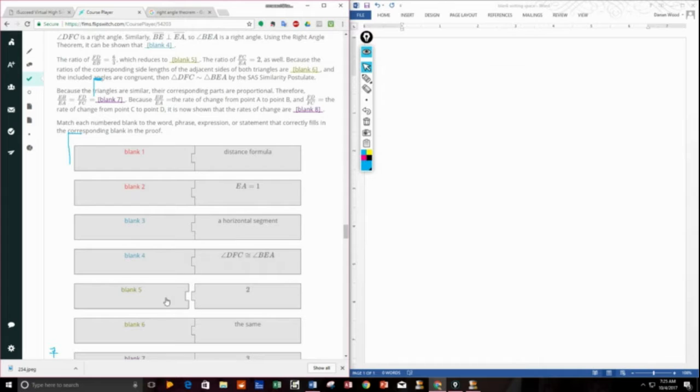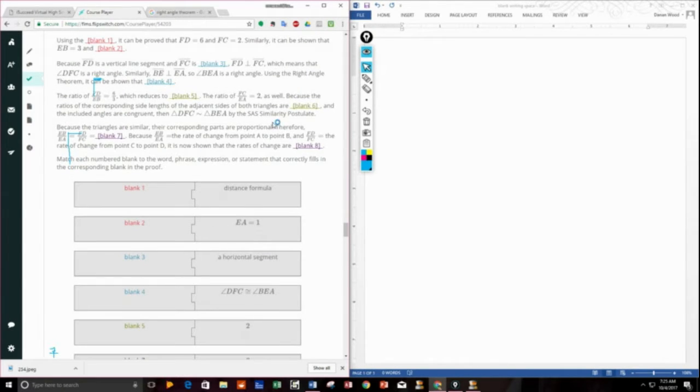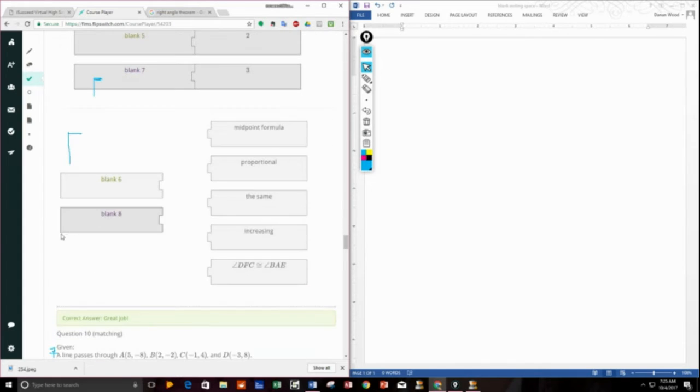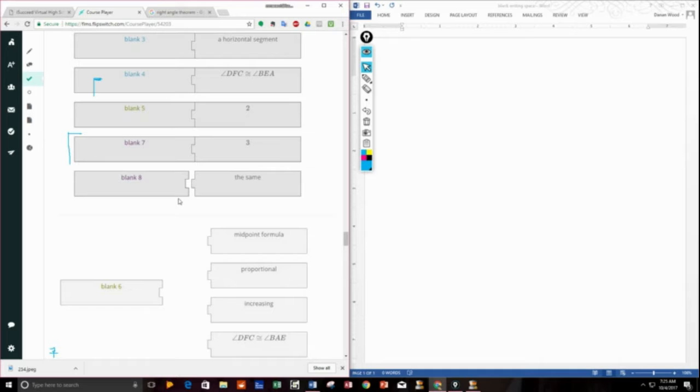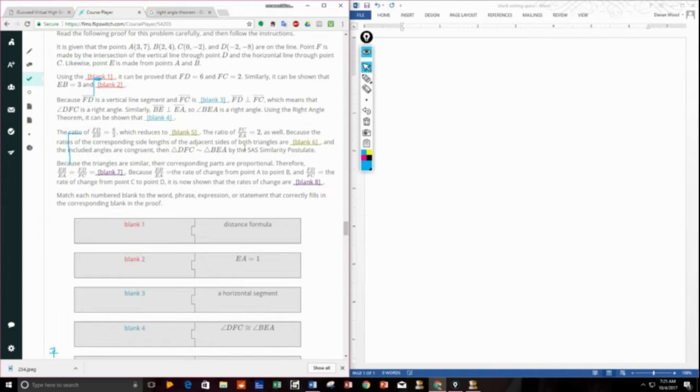So we might have to go and relook at blank 6. Of course, because we want blank 8 to be the same, because that's what we were trying to prove. We were trying to prove that the slopes were the same. So let's go back and read blank 6. It says, because the ratios of the corresponding side lengths of the adjacent sides of both triangles are blank, and the included angles are congruent.